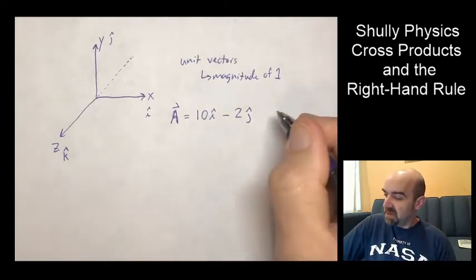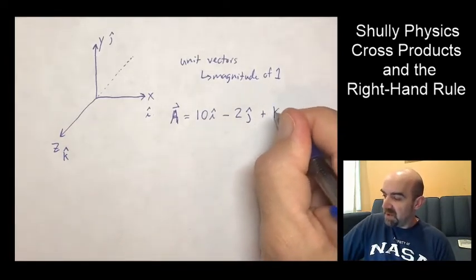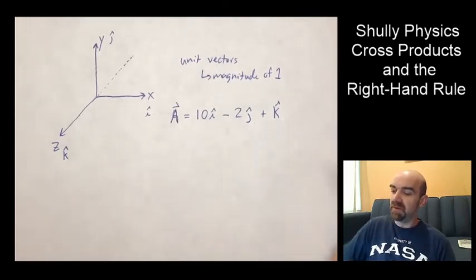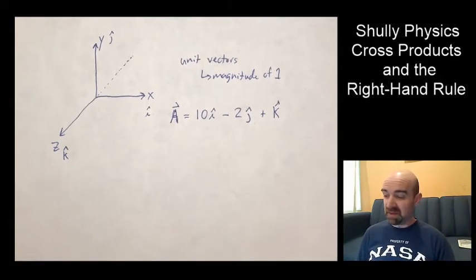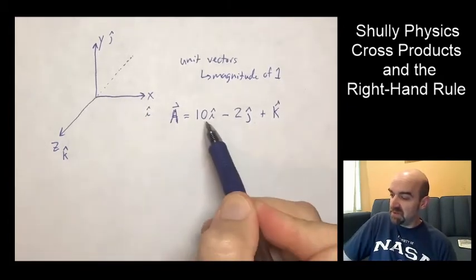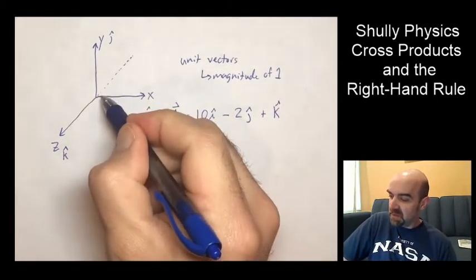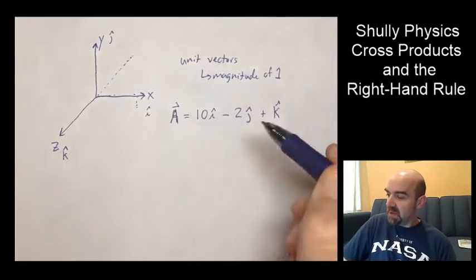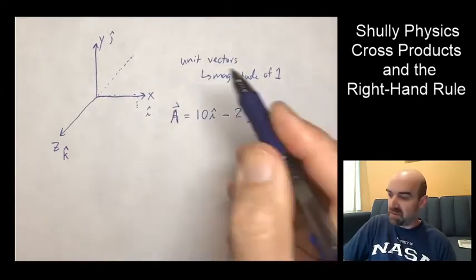And finally, if we add on a k, that k hat, that means it has a magnitude of 1 in the z direction. So if I try to plot this out, it'd be rather long in the x direction with a 10. So like 10 over, 2 down, and 1 in the positive z direction.